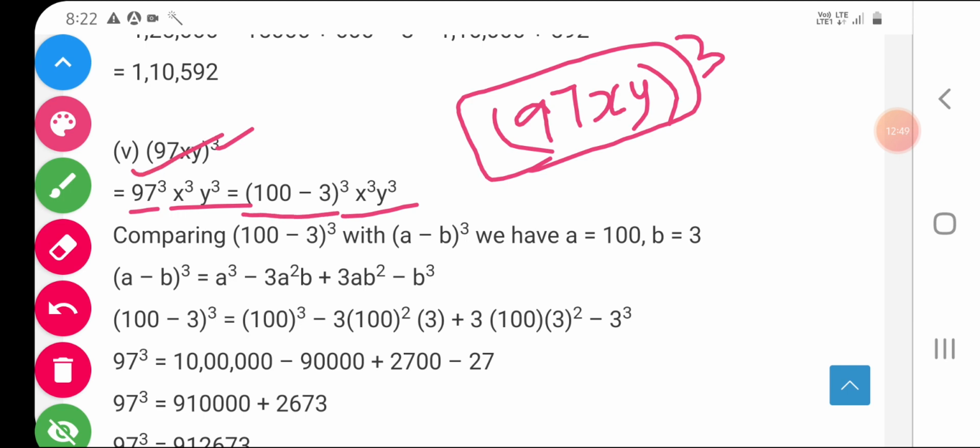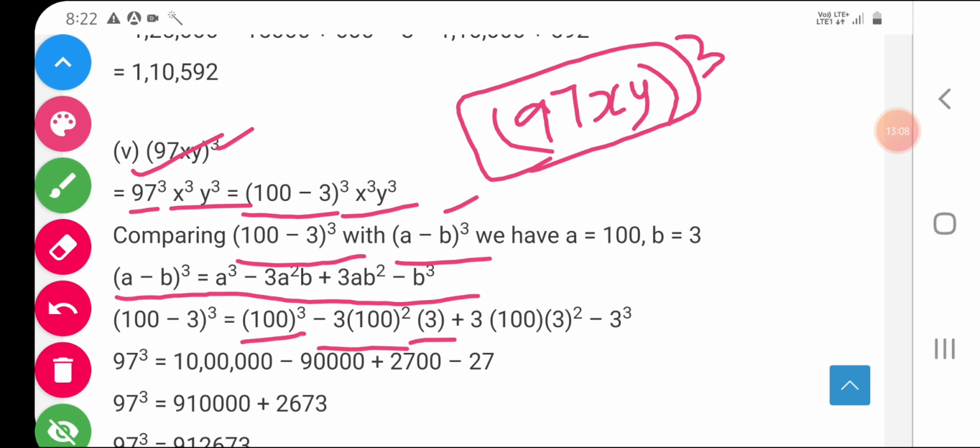97 cube we can write as 100 minus 3 the whole cube. Now 100 minus 3 the whole cube will be compared with a minus b the whole cube. We can find the value by using the formula: a cube, 100 cube, minus 3 into a square, 100 square, into b, 3, plus 3 into a, 100, b square, 3 square, minus b cube, 3 cube.